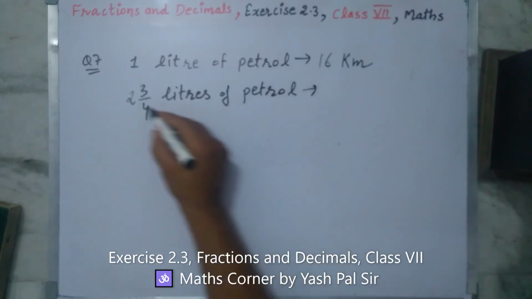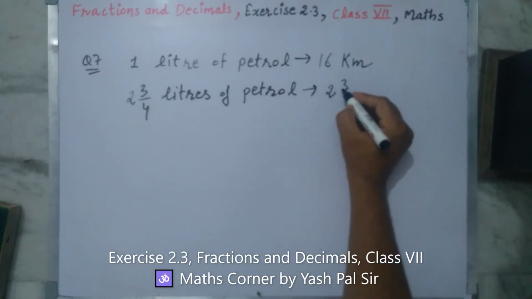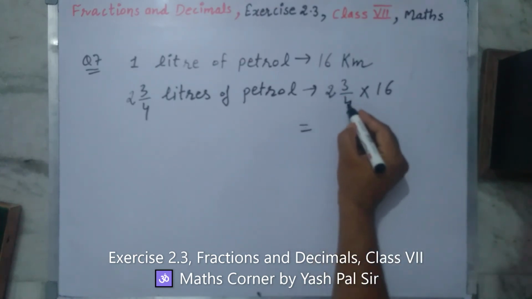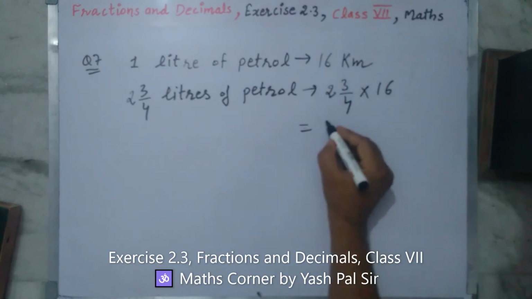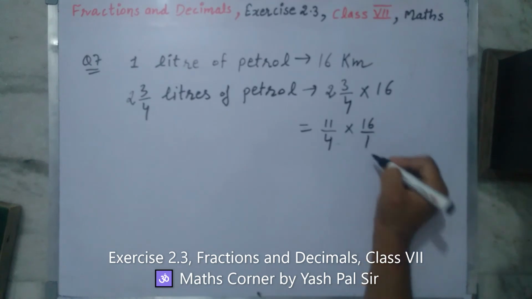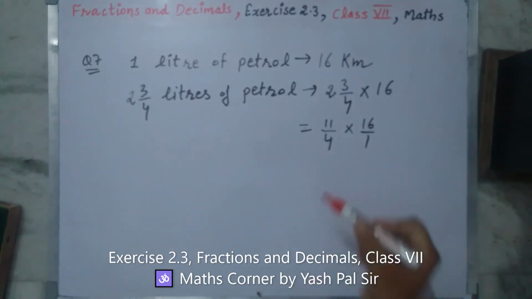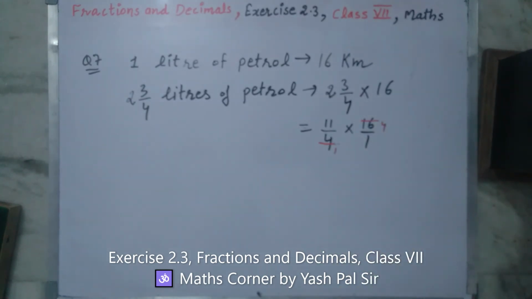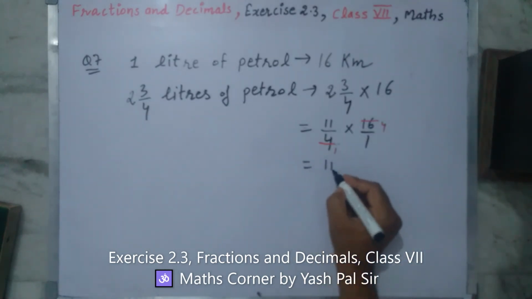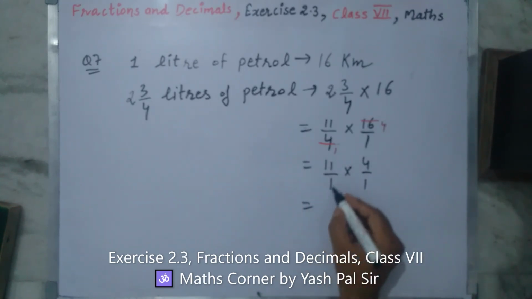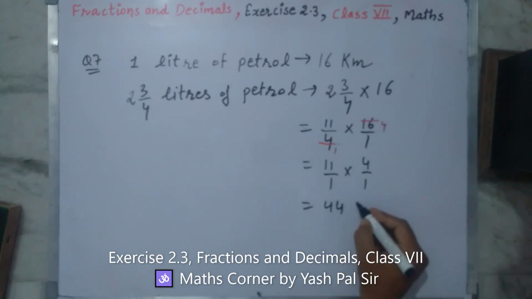It means we multiply 2 and 3 by 4 with 16. Answer is 2 into 4, 8, 8 plus 3, 11 upon 4 into 16 upon 1. Again what we do? 4 ones are 4, 4 fours are 16. So we are left with 11 upon 1 into 4 upon 1. So answer is 11 into 4, 44 kilometers.